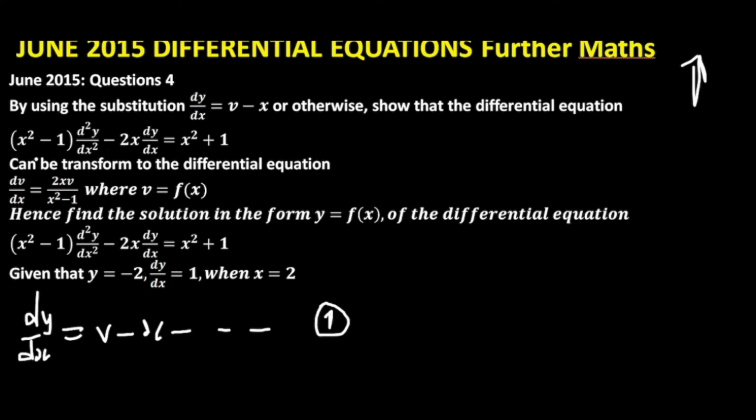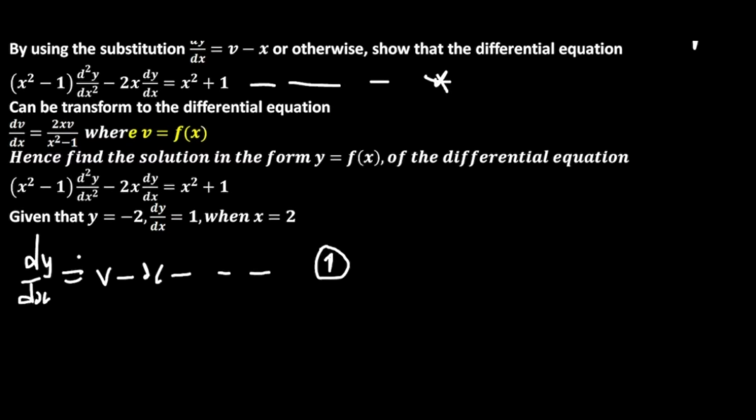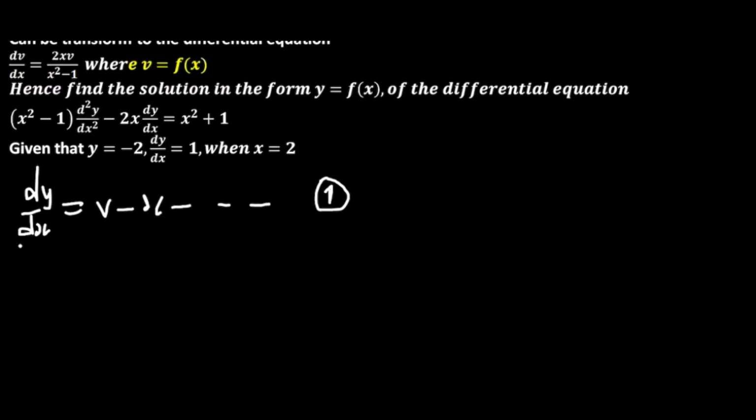We have also been given our differential equation, and we are going to name it equation star. Now we have been told to transform this differential equation, where v is a function of x. So it's very clear we'll be differentiating the function with respect to x because we want to express our v in terms of x. So we're going to look for the second derivative of this function.